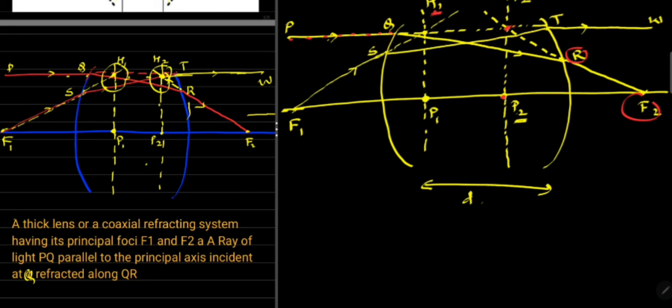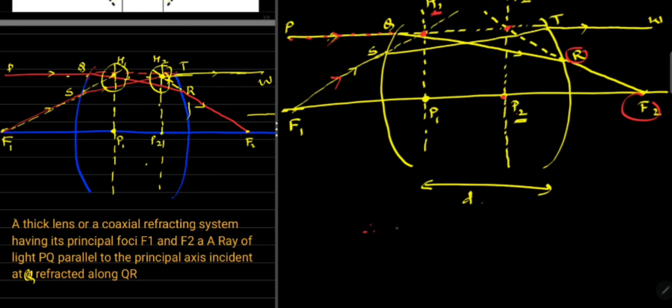The point of intersection P1 with the axis is called the first principal point. So here these two incident rays are directed towards H1, and these two emergent rays are directed towards H2. Thus H1 and H2 are conjugate points, and the planes H1P1 and H2P2 are a pair of conjugate planes.